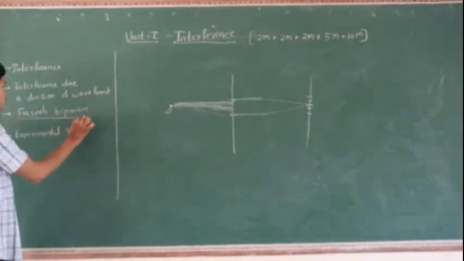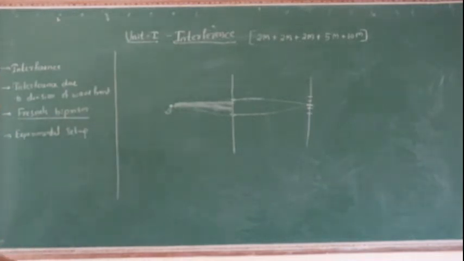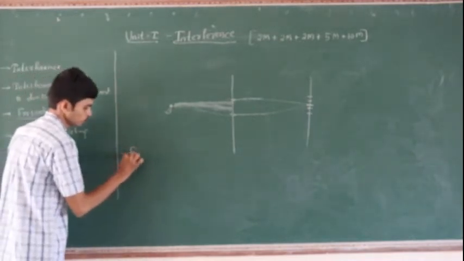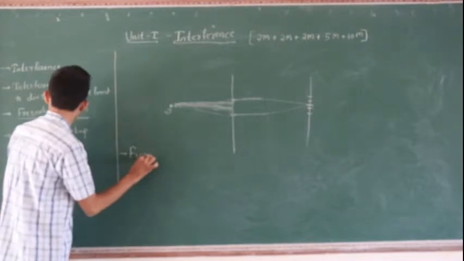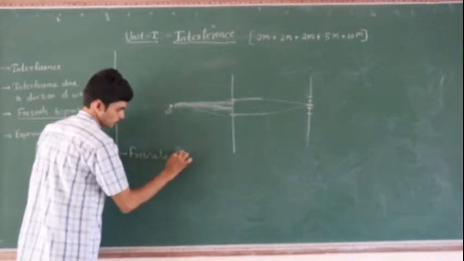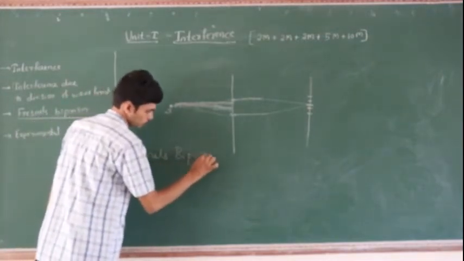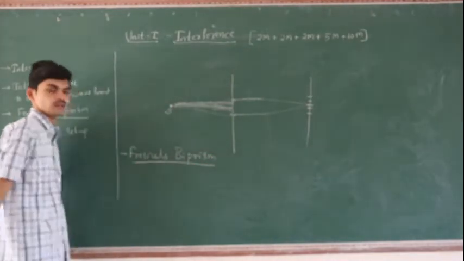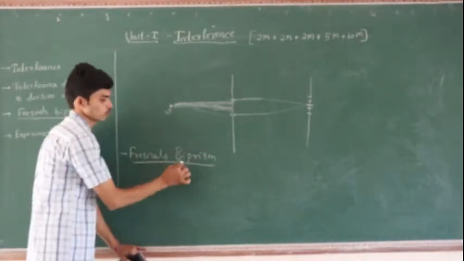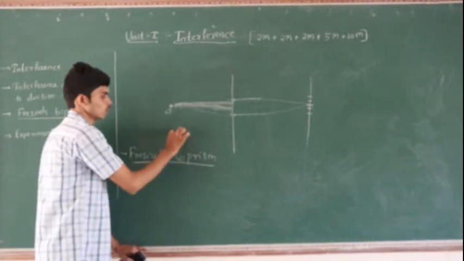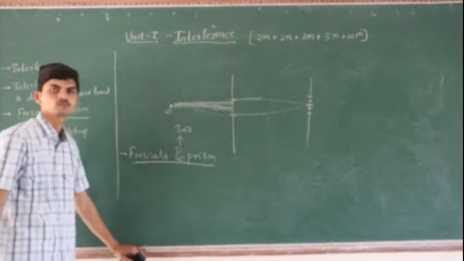And the next thing is Fresnel's biprism. Bi means two. Yes or no?